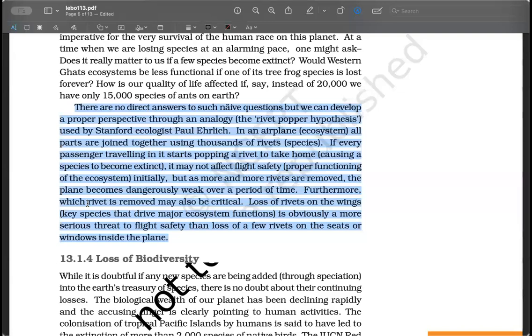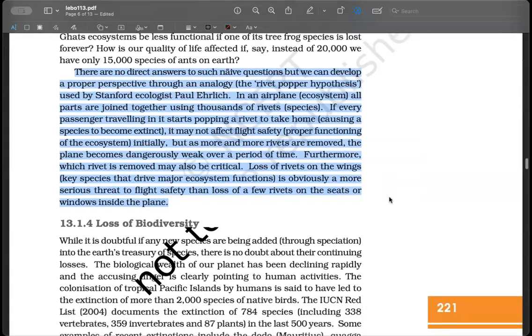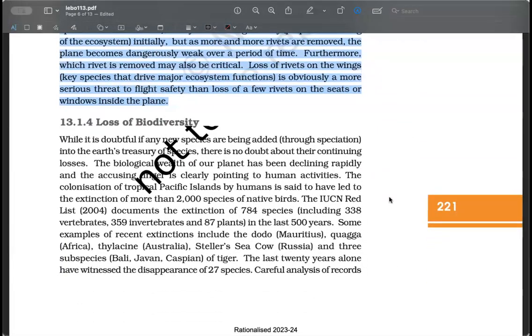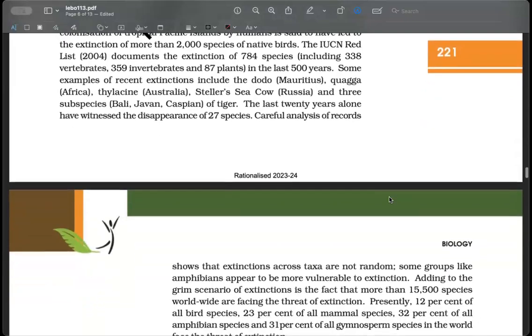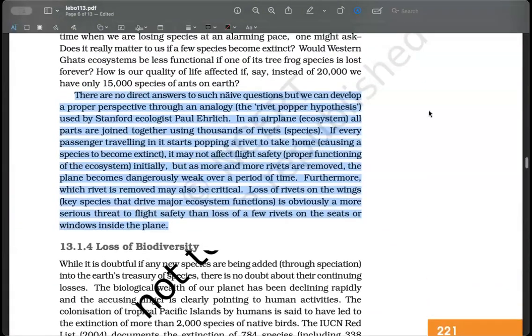To explain the importance of species richness in ecosystem health, or maintaining the ecosystem. And then you have to write this paragraph that you just studied, just read.